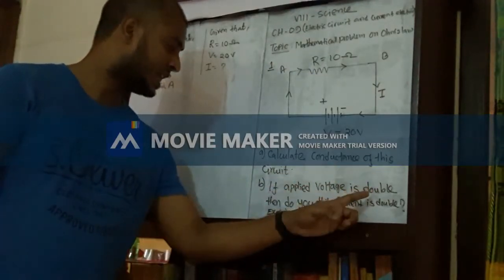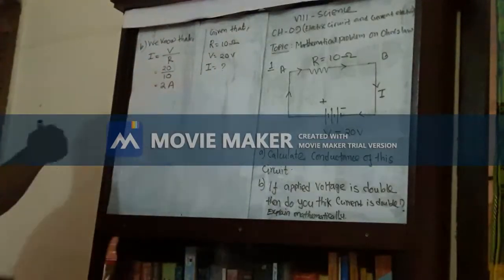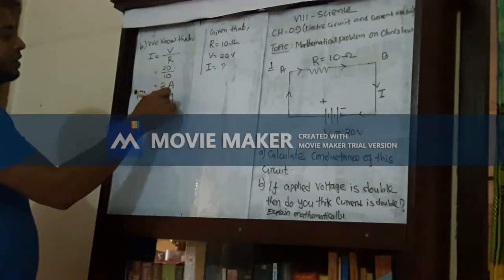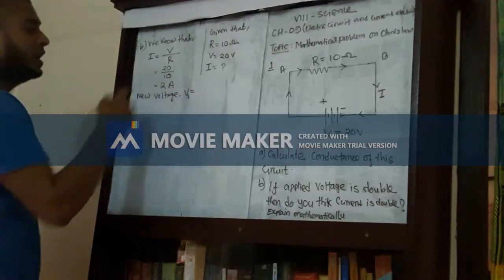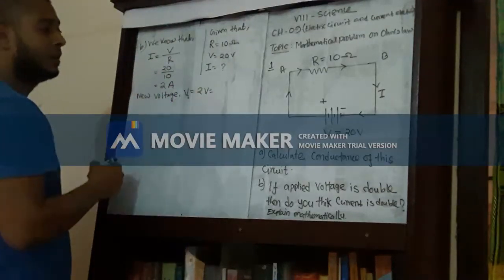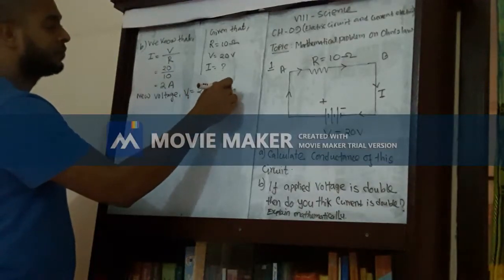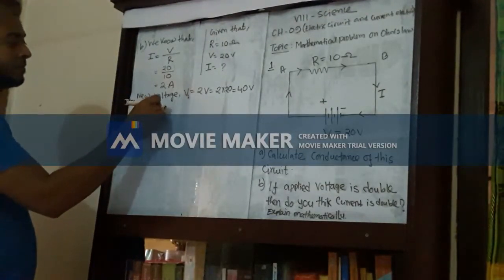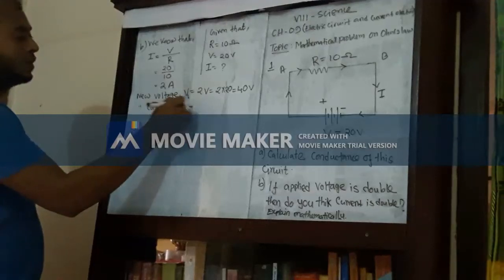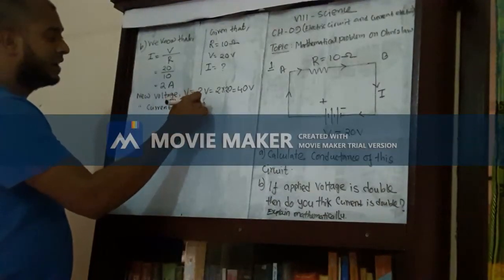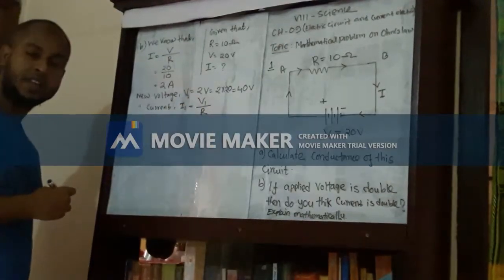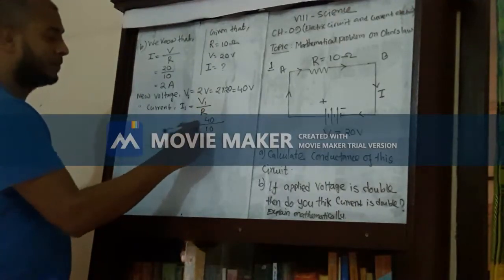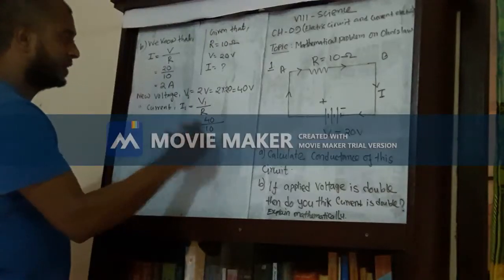So, when the applied voltage is double, then the new voltage V1 will equal to 2 into V, equal to 2 into 20, equal to 40 volt, and then new current I1 will equal to V1 divided by R. Here R is remaining same, so V1 equal to 40 and R equal to 10 will be 4 ampere.